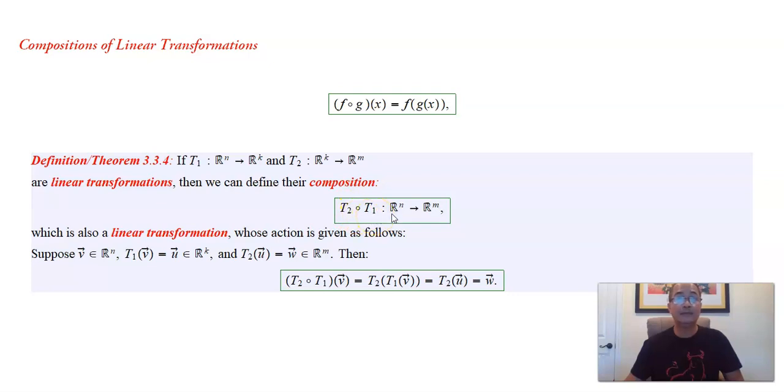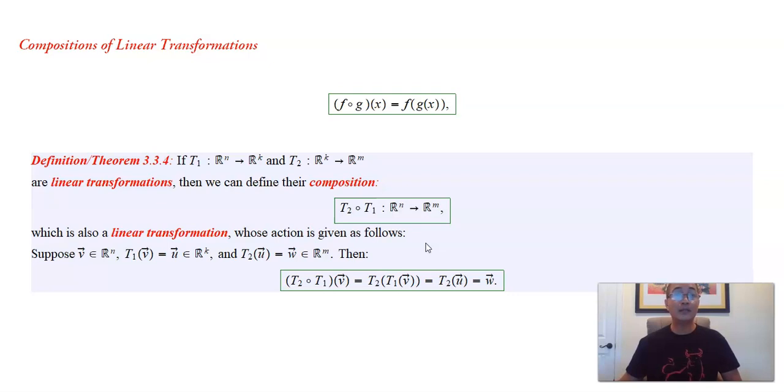Its domain will be Rn. Okay, so the x in the composition will be a vector from the domain of t1, which is Rn. Its output eventually will be in Rm. Where did Rk go? It just disappeared.